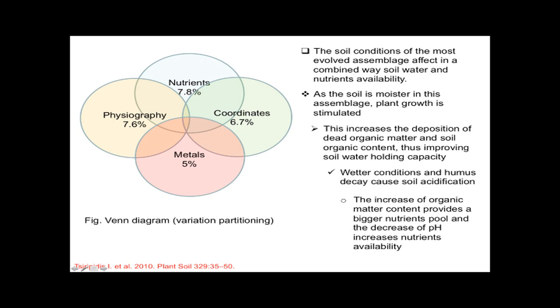And this acidification, together with the higher organic matter in the soil, provides a bigger nutrients pool in the soil, because we have more input of nutrients in the soil by the organic matter from the one hand, and from the other hand we have also a decreased pH, that means more available nutrients for the plants.